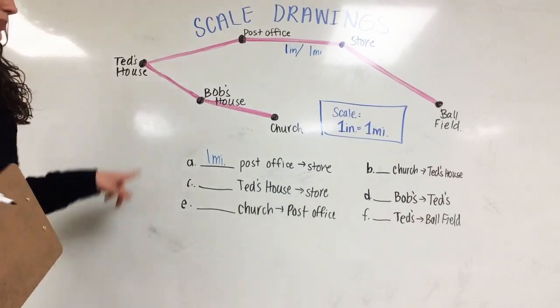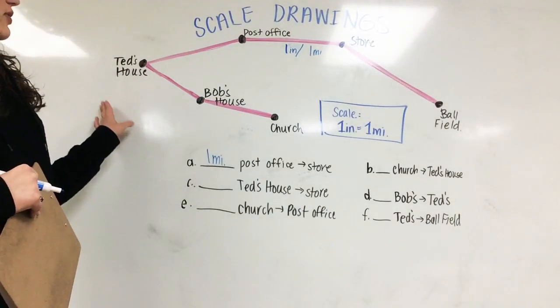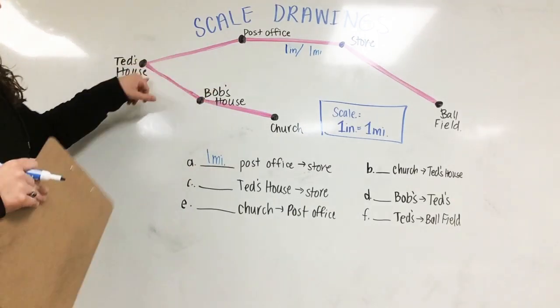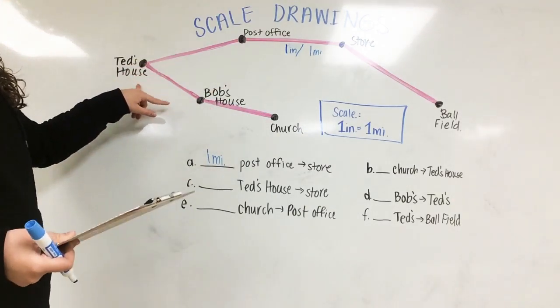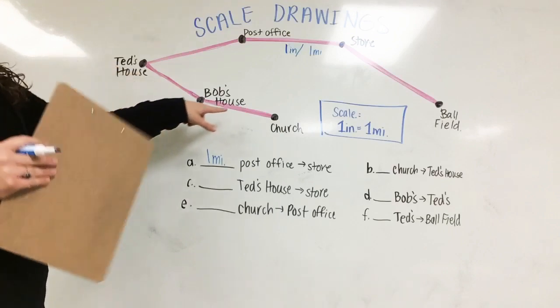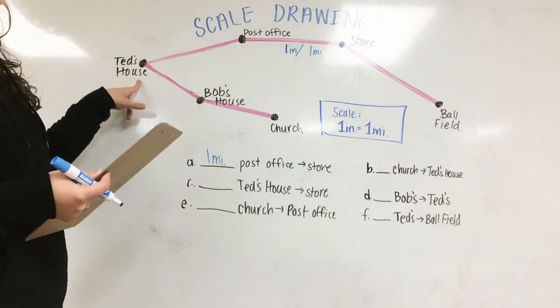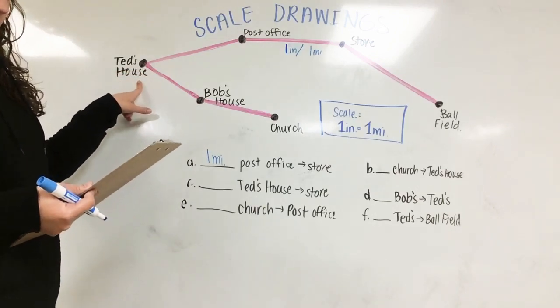Okay. Letter B, jumping over from church to Ted's house. So next we have to find church here, and we have to find Ted's house here. If you were to measure with your ruler, you're going to have to measure from church to Bob's house, and then from Bob's house to Ted's house. Okay, go ahead and measure that if you can.